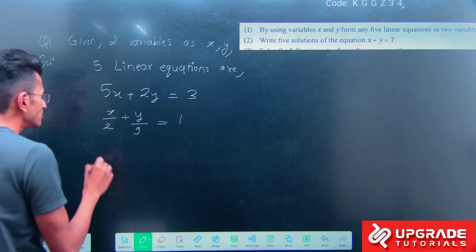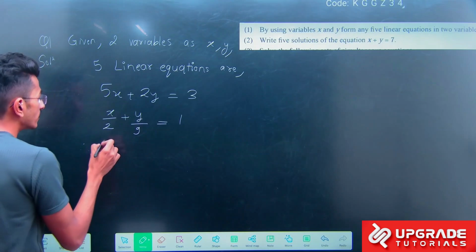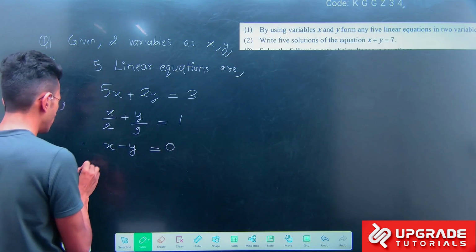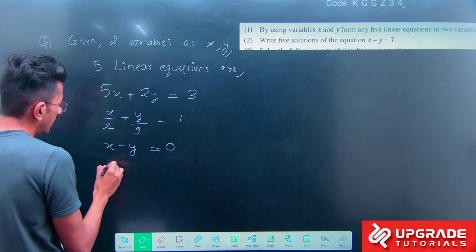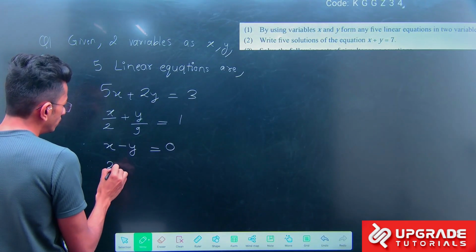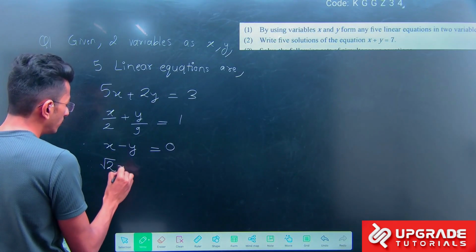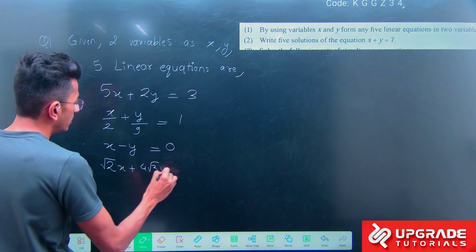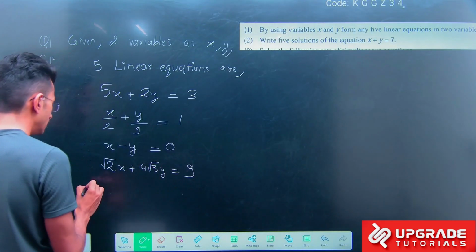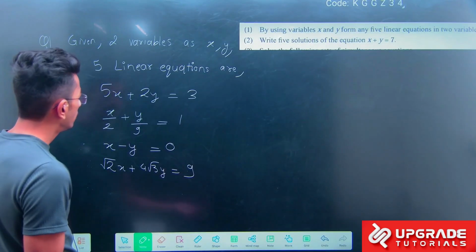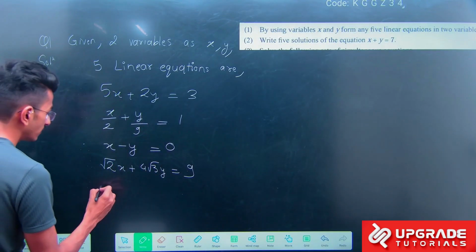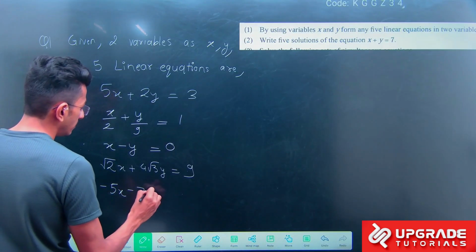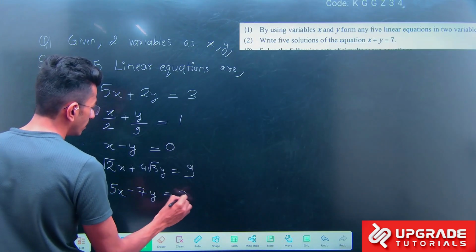For any equation, you just have to change the coefficients. You can also write x minus y equal to 0. Next, you can write 2 root x plus 4 root 3y equal to 9. More fractions, and you can also write negative numbers: minus 5x minus 7y equal to 3.